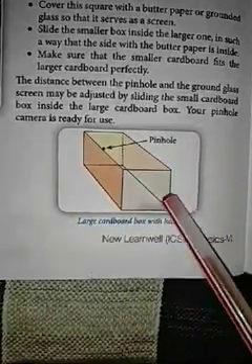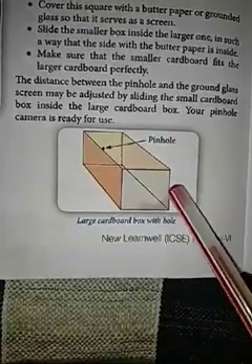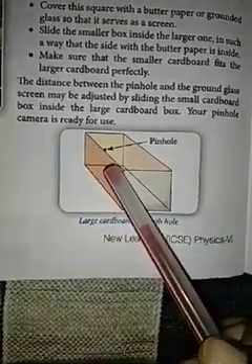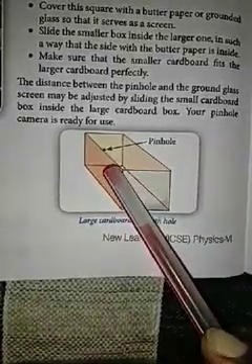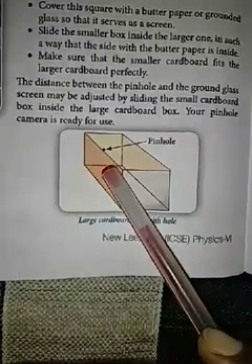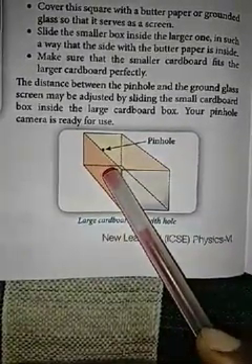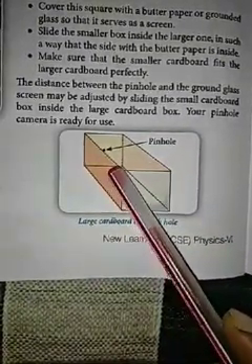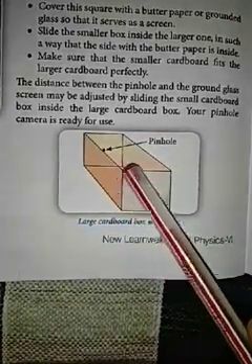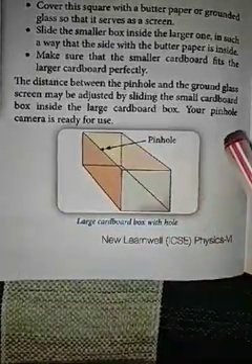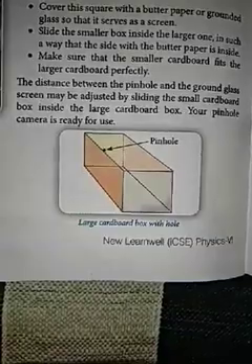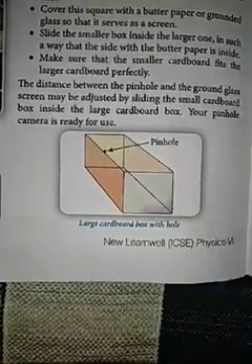This is the picture of a pinhole camera, and there is a hole. Through this hole on one of its sides, the image of an outside object is obtained on the opposite side of the box through rectilinear propagation of light.